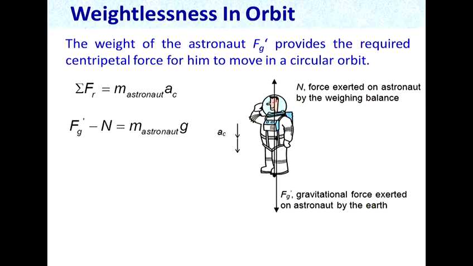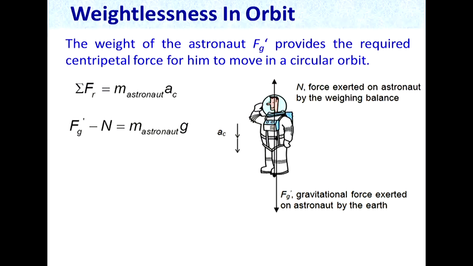On the left-hand side, there are two forces acting in that direction. We take the direction towards the center of the circle to be positive. So it's the weight minus the normal contact force exerted by the weighing scale. The sum of these two forces is the centripetal force.